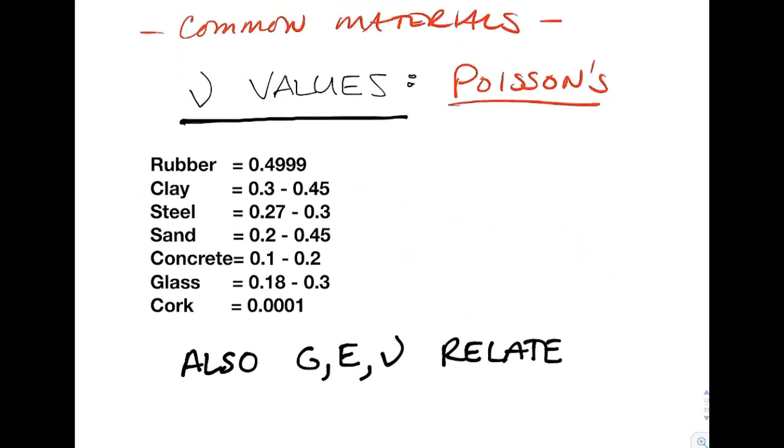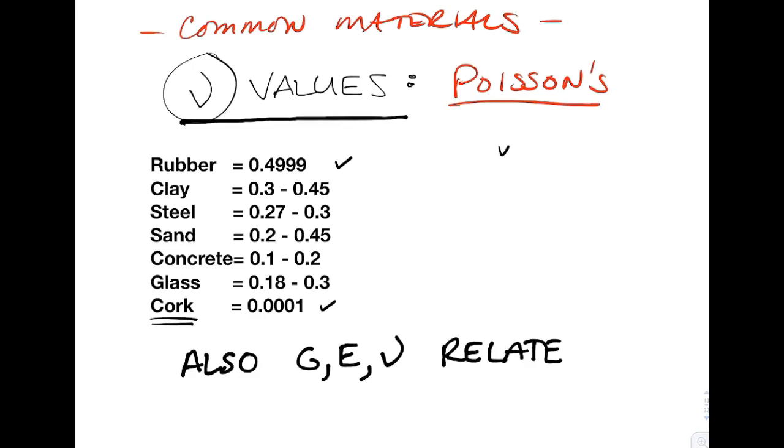So looking a little bit more at some Poisson's ratio values. For different materials, you have different values for Poisson's ratio. Rubber is close to 0.5. Cork is all the way down on the other end of the spectrum, almost 0.